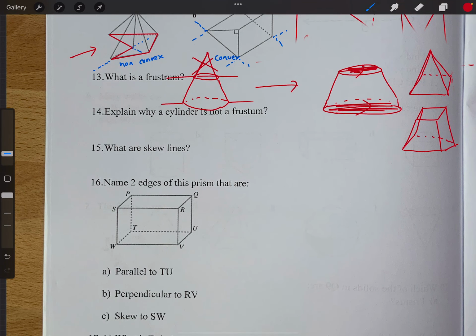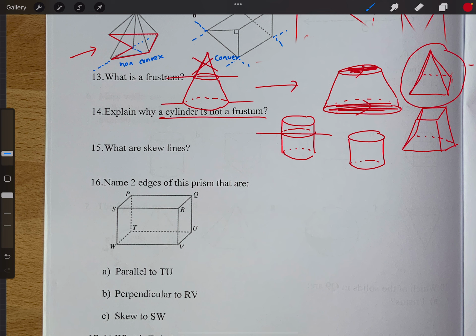Well, if I take a cylinder and I cut it parallel to the bottom, I'll just get another cylinder. It's not a new shape, it is the same shape. It's still called a cylinder. So a cylinder is not a frustum. No matter how many times I cut it, it's going to be another cylinder. Whereas when I cut this pyramid, I get a new shape, and that new shape is called a frustum. Same with the cone.